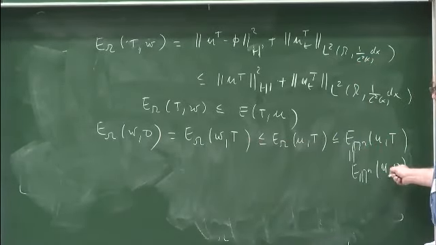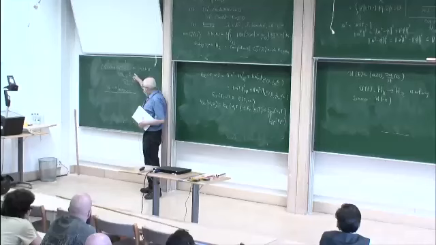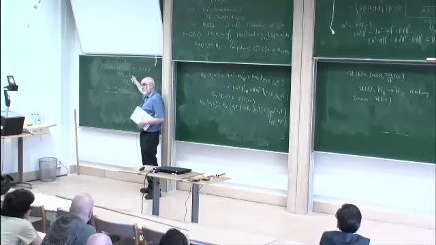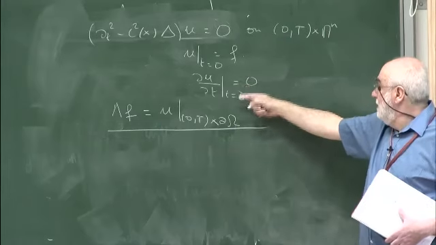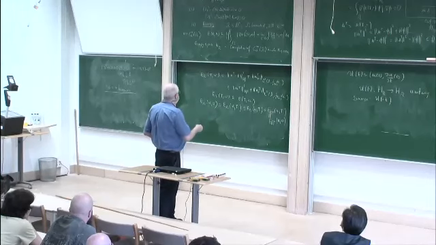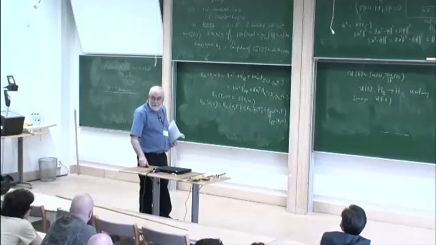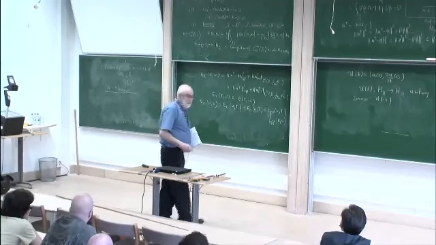But what is the energy at time 0? Look at what U solves. What is the energy of this solution? This gives 0 for the energy here, and what do we get from the other side? The norm of F in H1, right?